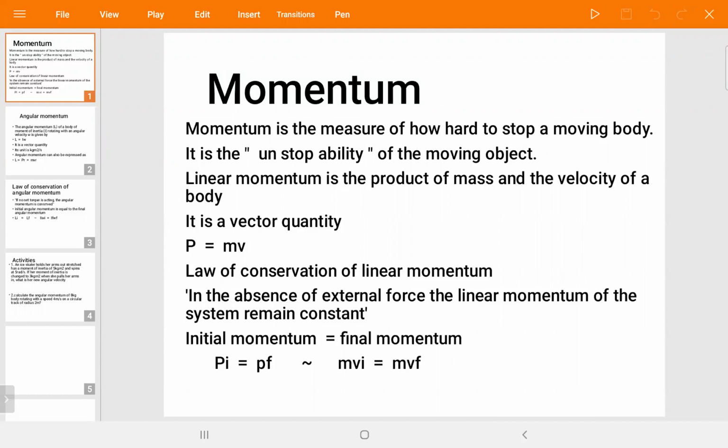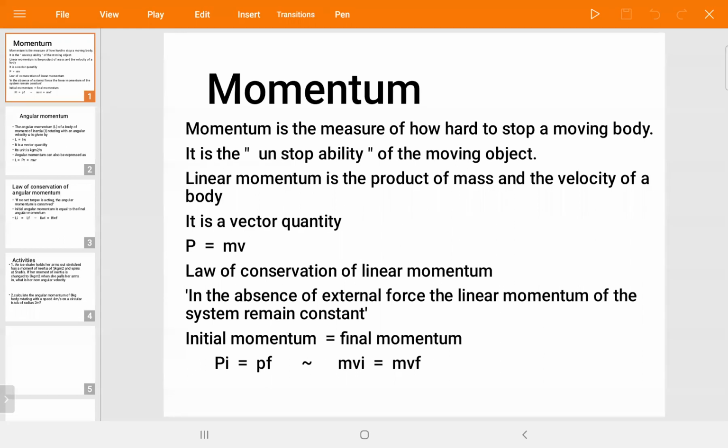The magnitude of linear momentum is the product of mass and velocity, and mathematically it can be expressed as P equals mv, where P is linear momentum, m stands for mass and v is for velocity. Linear momentum by itself is a vector quantity, and its direction is the direction of velocity.